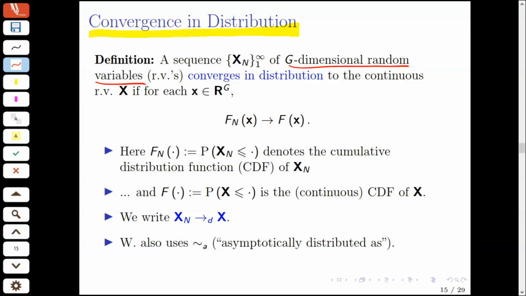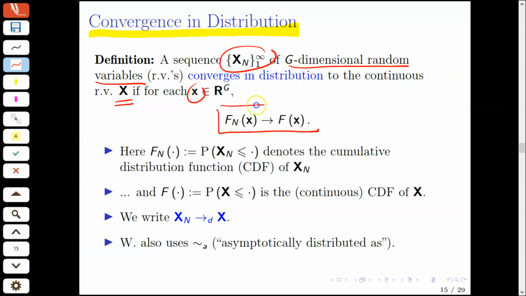We say that a sequence of random vectors converges in distribution to a continuous random variable, here denoted by this capital boldface X, if for each candidate x, each lowercase boldface x, the following convergence holds.